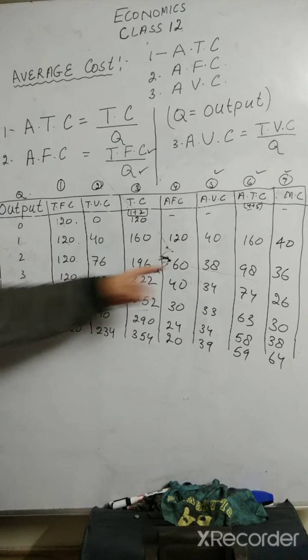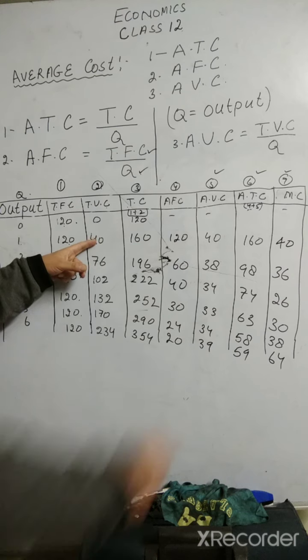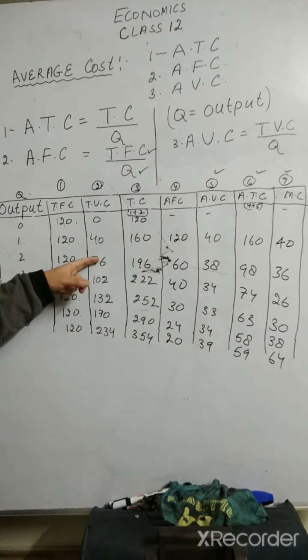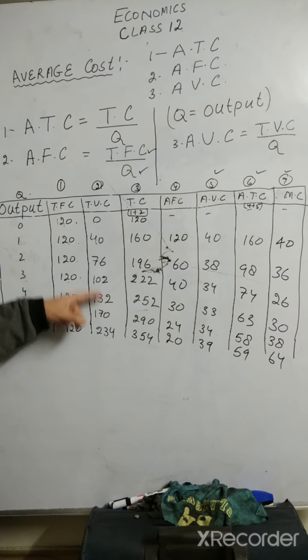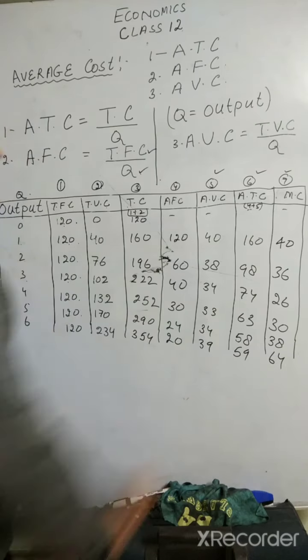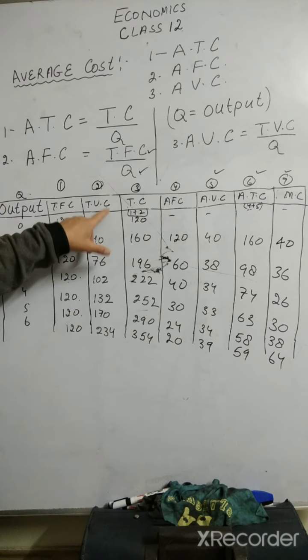For second, you subtract 40 from 76. 76 minus 40, that will give you 36. For third, 102 minus 76. Then 132 minus 102, 170 minus 132, you will get corresponding what? Marginal cost. So I'll ask you to calculate marginal cost taking total variable cost.